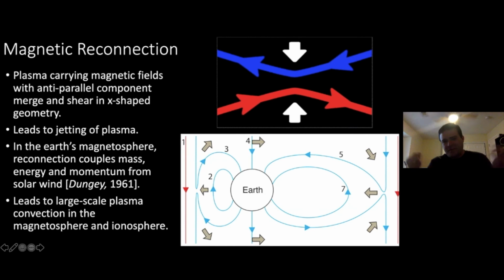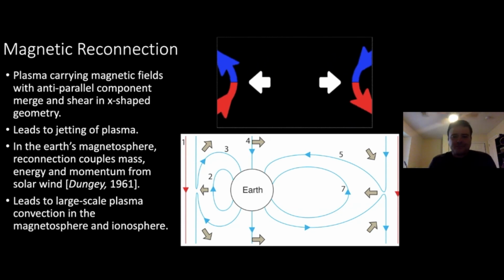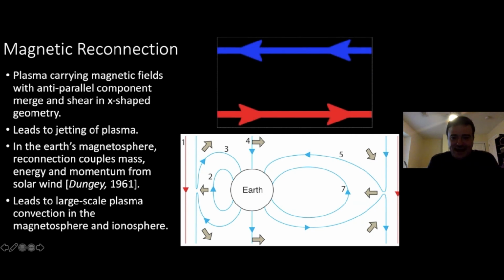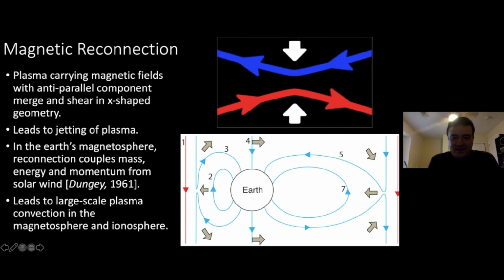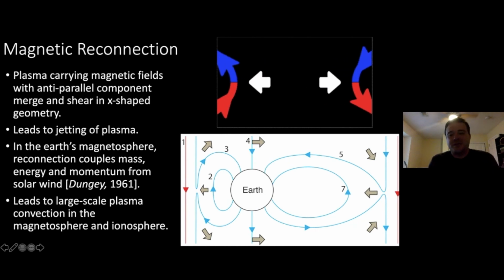This is a fundamental driver of plasma jets throughout the universe. In the Earth's magnetosphere, it tends to happen when the interplanetary magnetic field is near southward, or at least that's what drives the most activity.